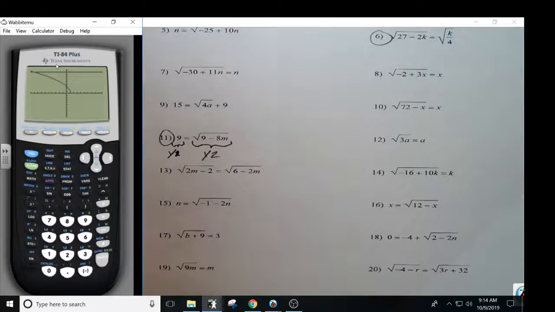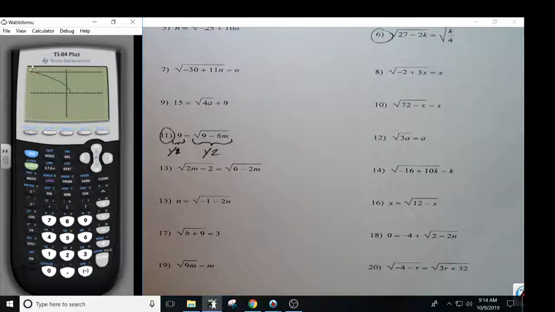Now, the answer to these problems, Lewis, is where the two lines intersect. So, guys, where it's intersecting is up here in the corner. So now I'm gonna hit trace, and I'm gonna roll my marker out this way.